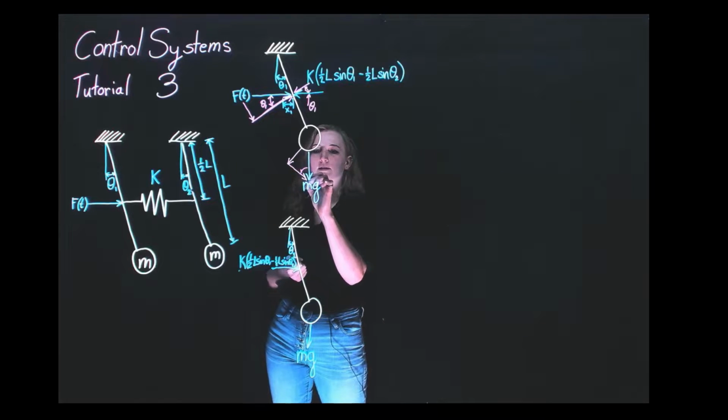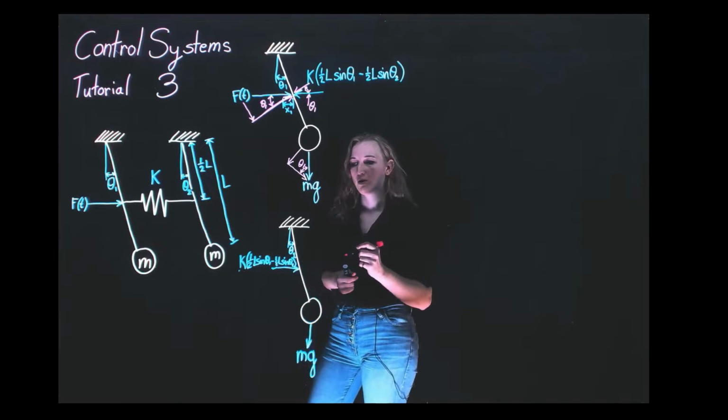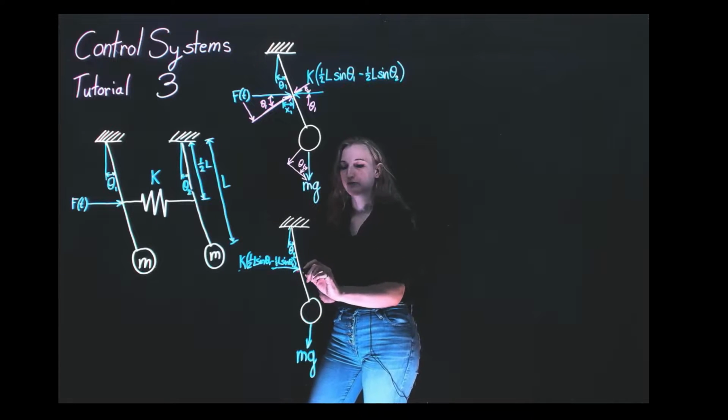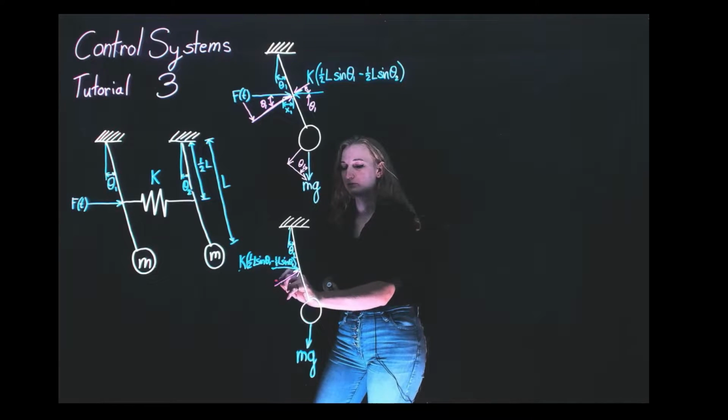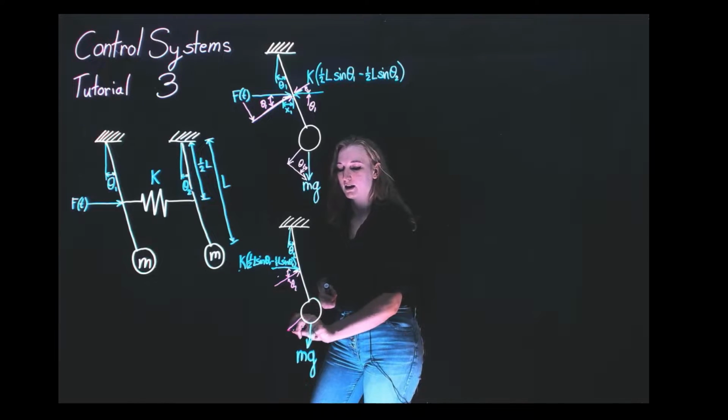In this case, this angle is theta 1. Okay, and we do the same thing for all of the forces on our second pendulum, where here we have theta 2 and here theta 2.